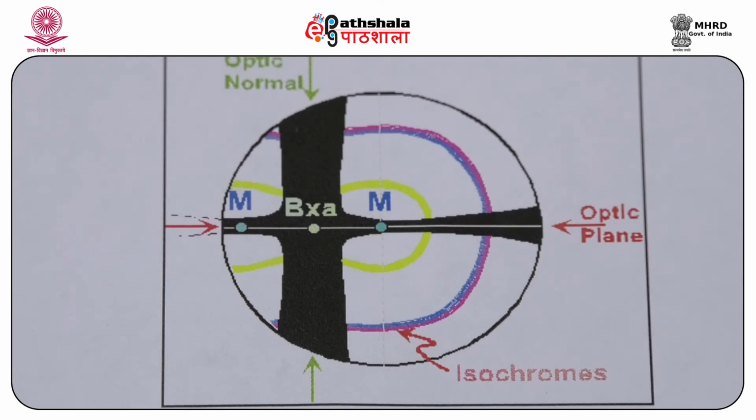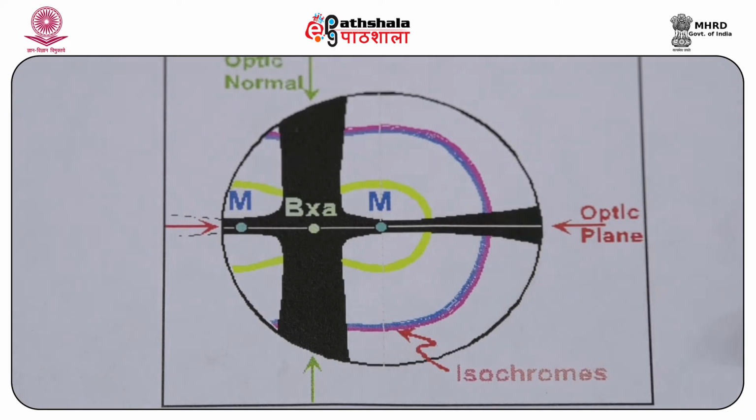When the optic plane is parallel to the vibration direction of either of the polars, as you can see here, the optic plane is parallel to one of the isogyres in the east-west direction. The isogyre crosses the center of the field as a straight bar. As the microscope stage is rotated, it swings across the field, forming a hyperbola in the 45-degree position.